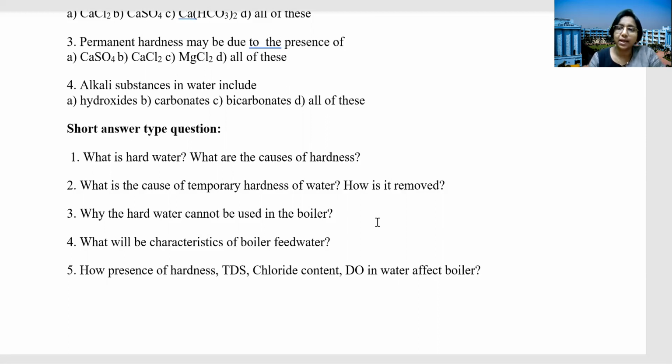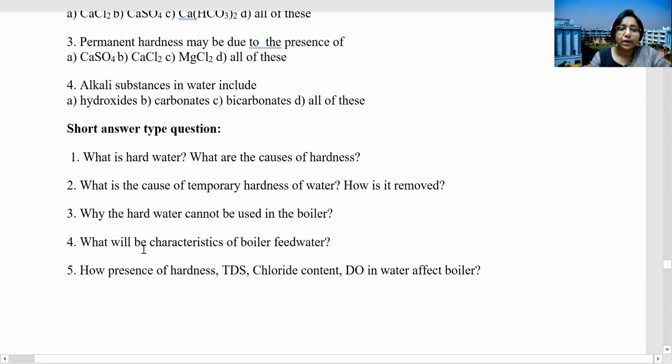And not only scale and sludge formation, there are other parts like corrosion of the boiler, caustic embrittlement, and priming, foaming. All these things were already discussed with the reactions. So when you discuss them, you must give the reactions also and explain properly, and if you can give the figure also. What will be the characteristics of boiler feed water?